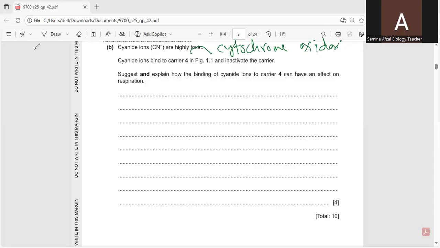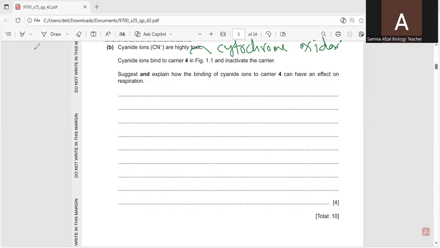Cyanide ions bind irreversibly to carrier 4, which is located on the inner mitochondrial membrane. This binding inactivates or inhibits the enzyme. So when carrier 4 is inhibited, electrons cannot be passed to oxygen, and the flow of electrons through the entire electron transport chain stops.